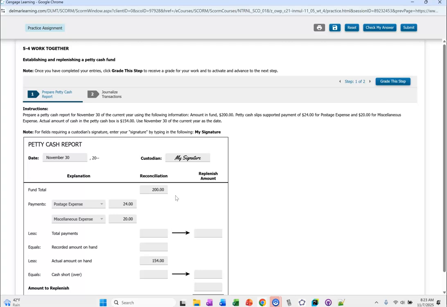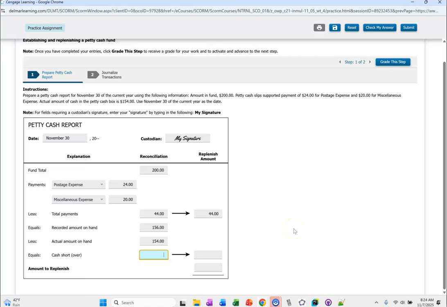Everybody feel good so far? Okay. Yeah, that's fine. Total payments was 44 monies. So the amount to replenish from there is 44 monies. If I do 200 minus 44, I get 156.